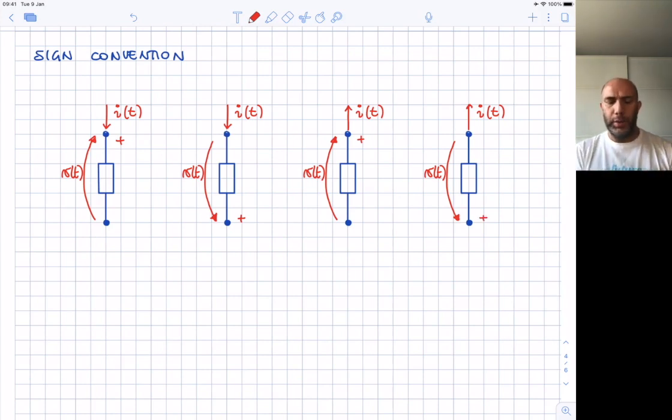These are the possible combinations, but we can see that actually these four combinations can be combined into two main groups. For example, if we look at the first component, this component has the current that is flowing inside the plus terminal for the voltage.